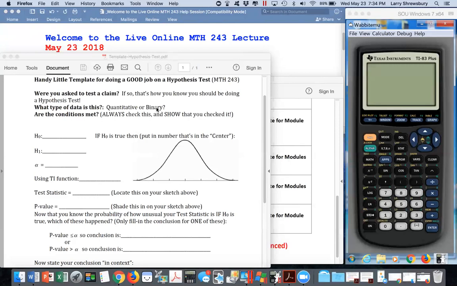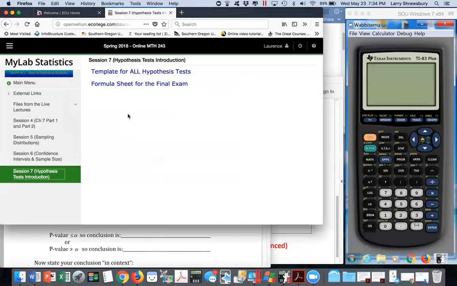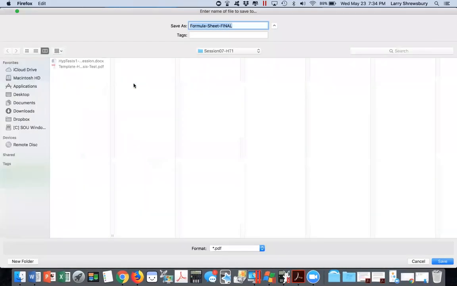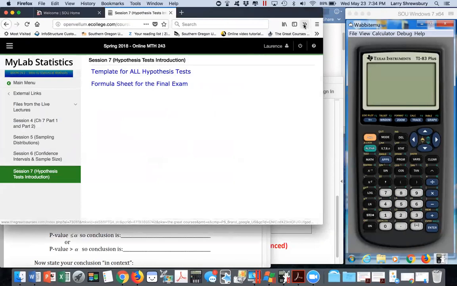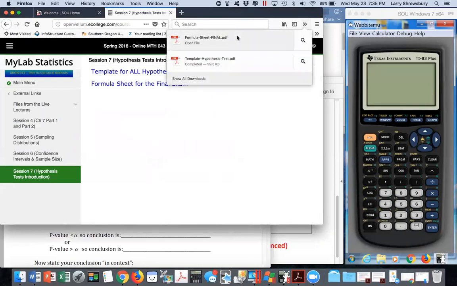But what's a large sample? It's not the same rule as for quantitative. It's not 30 or more. It's an entirely different rule. We have a little test. And that test, well, let's go back to those files we were looking at. Here's the formula sheet for the final exam. Let me put that to the desktop and then let me open it up.